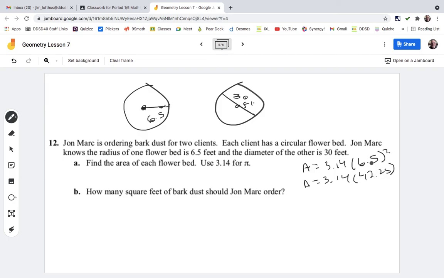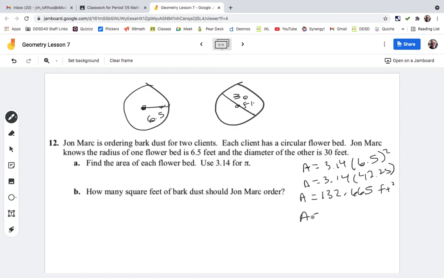So we'll multiply this times 3.14 and get 132.665, and that is in square feet. I'm going to just double check that. 6.5 times 6.5 times 3.14, 132.665.